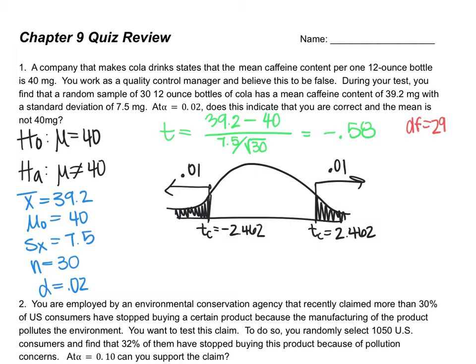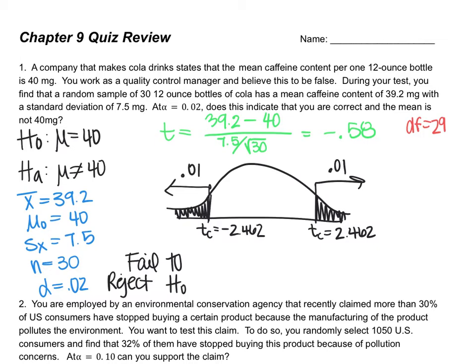So we have a t-value that's negative, so it's not going to be in our upper region. So is negative 0.58 less than negative 2.462? And it's not, which means we fail to reject the null hypothesis.